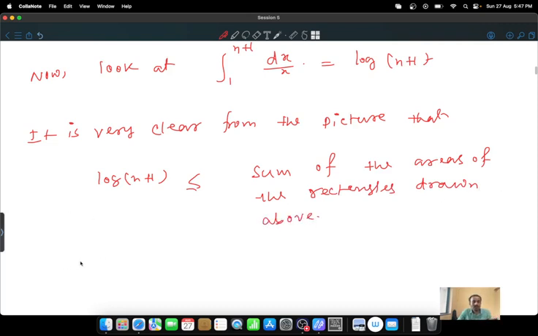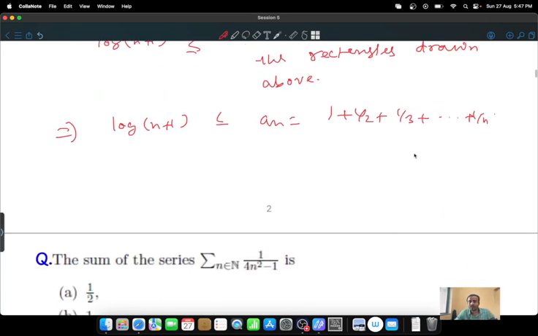In fact, it is strictly less, but it does not matter actually. Okay, so that is basically nothing but the term a n. A n equals 1 plus half plus 1 by 3 up to 1 by n, and this is true for every n.